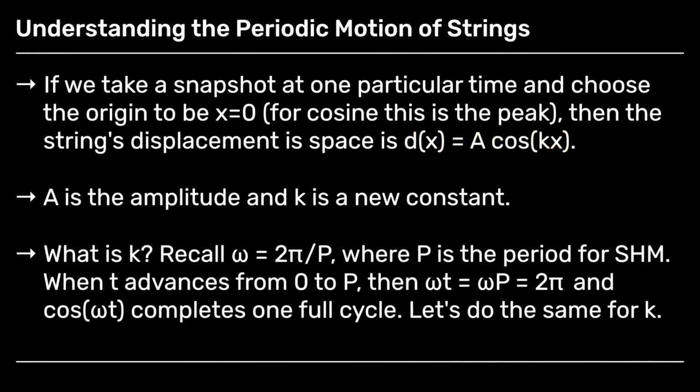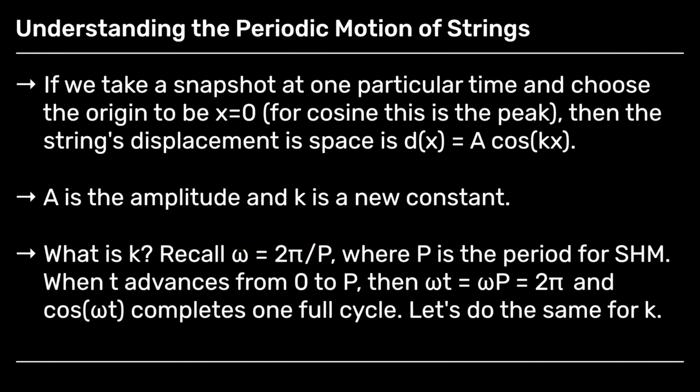Now, A is the amplitude just as before, but k is a new constant. So to understand what k is, remember omega. Omega, when we studied the time behavior, was 2 pi divided by P, the period of simple harmonic motion.